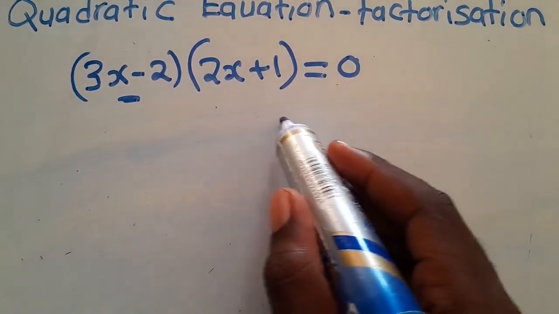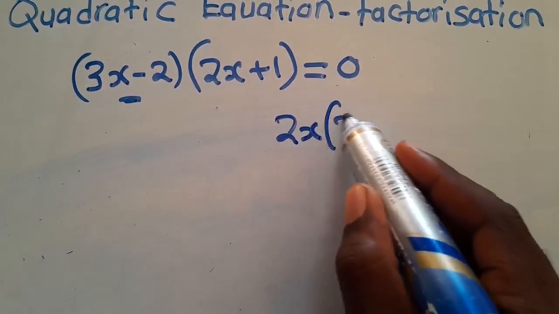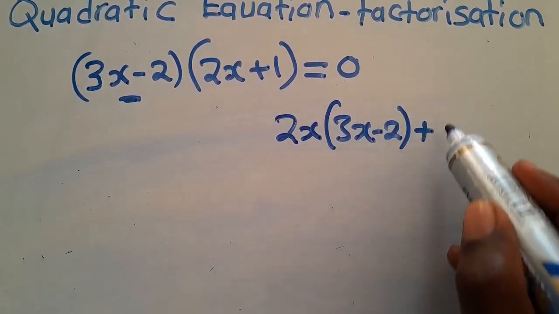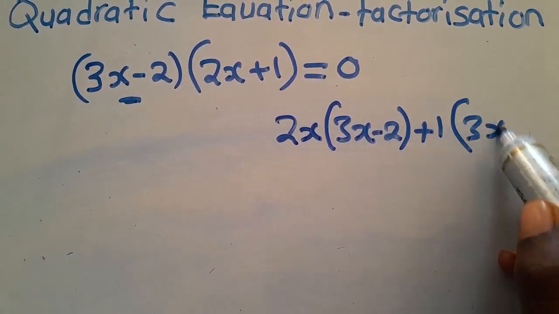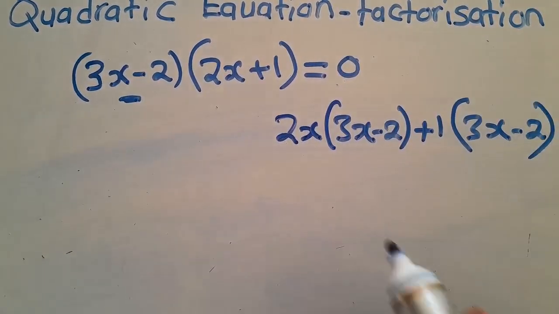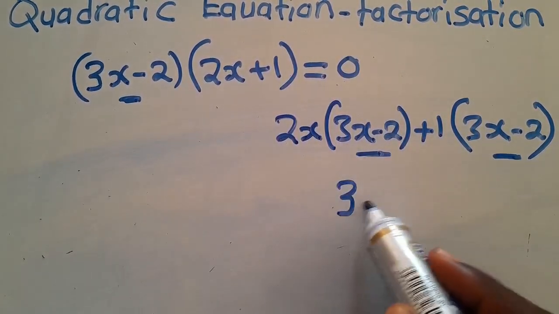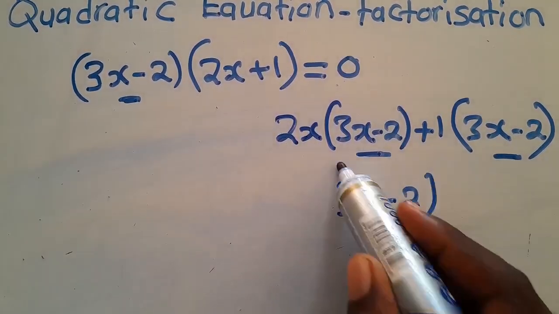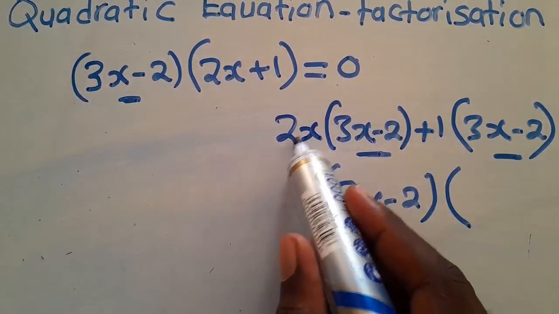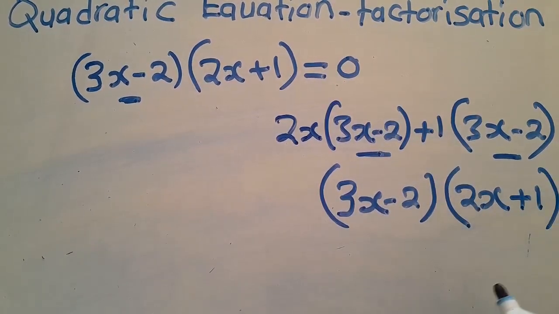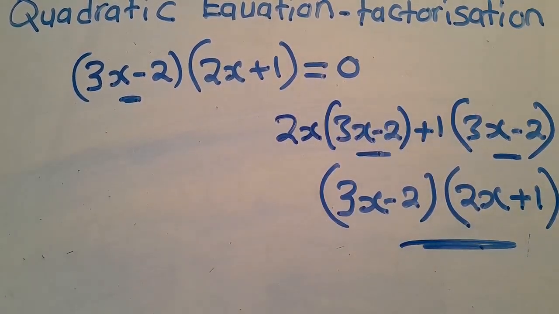I feel someone hasn't understood this concept, let me just repeat. These are the same, you just pick one: 3x minus 2. You also get this outside: this is 2x, this is positive 1. That's how I came up with that.